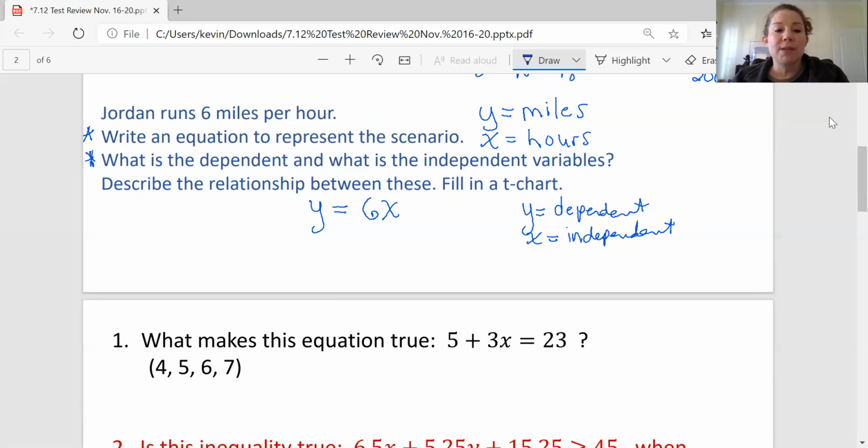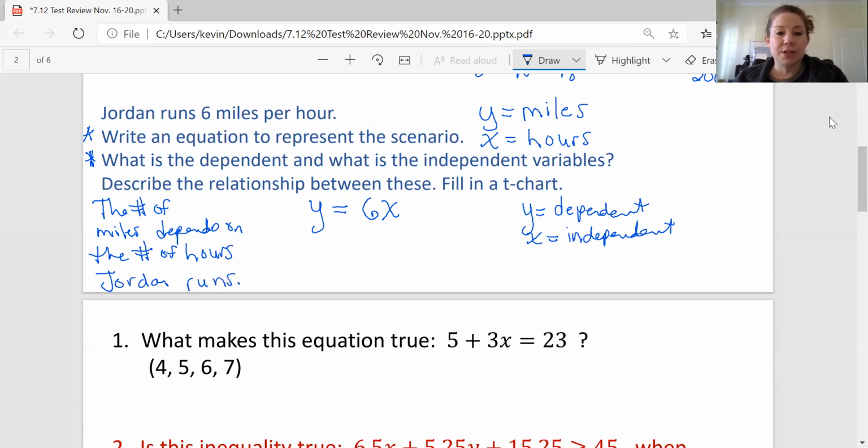Now describe the relationship. We're going to say the number of miles depends on the number of hours Jordan runs. That's a good way to describe the relationship, right?